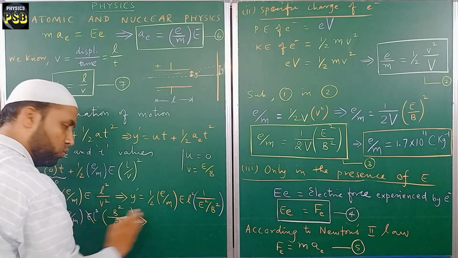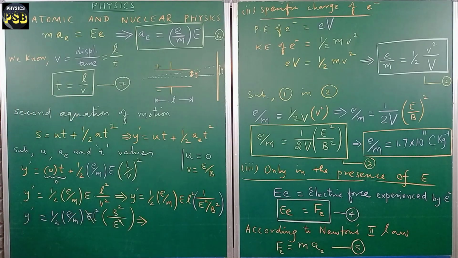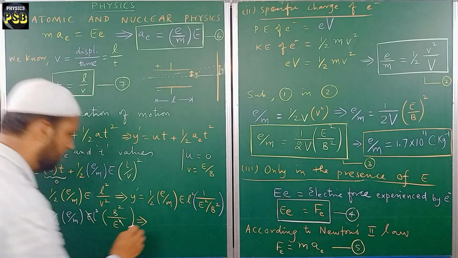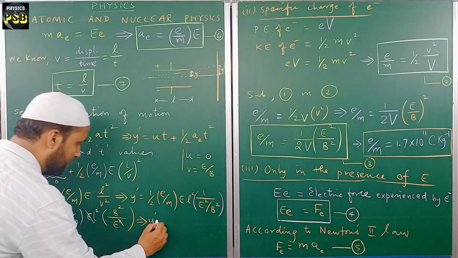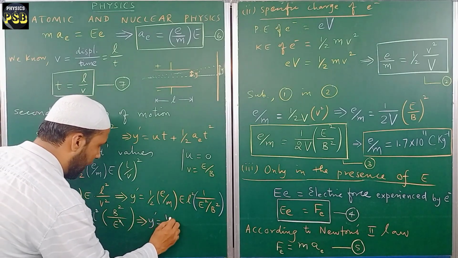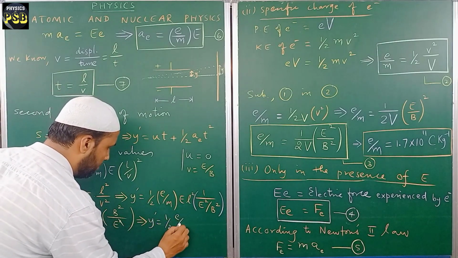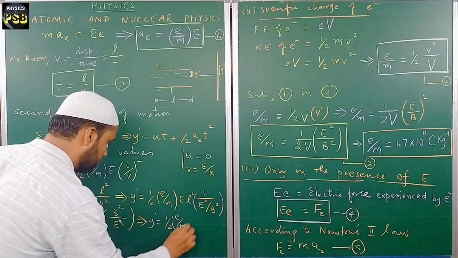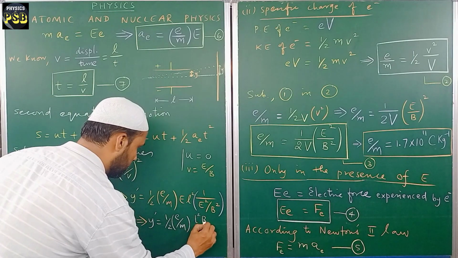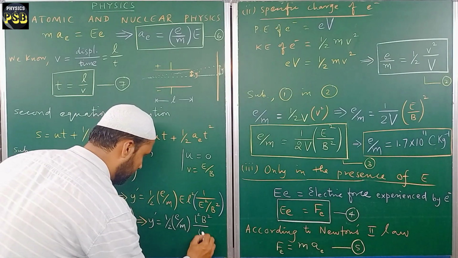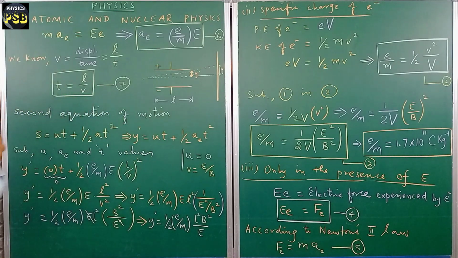I keep e by m on one side and the remaining terms are taken to the other side. So I'll write the value of y dash. What is that? It is half e by m, L square B square upon E. Okay, this is the value of y dash.